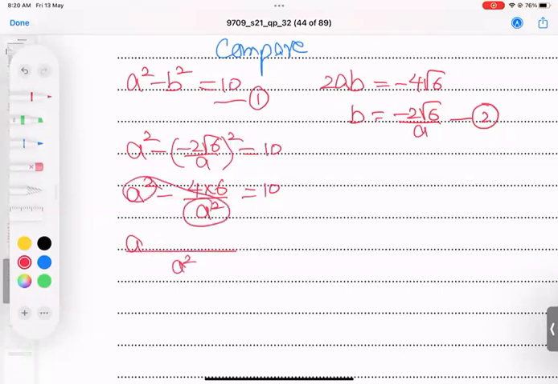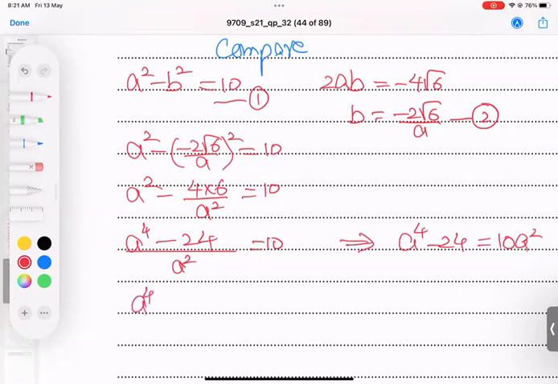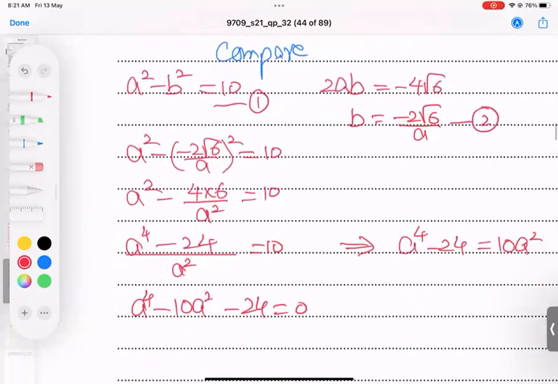A square times a square gives a 4, minus 24, equals 10. Now a square cross multiply there, it means I get a 4 minus 24 equals 10 a square. And ultimately I get a 4 minus 10 a square minus 24 equals 0. So I got this equation. Alhamdulillah, let me recheck. Wait a minute. Yeah, correct. So Alhamdulillah, the equation is clear.